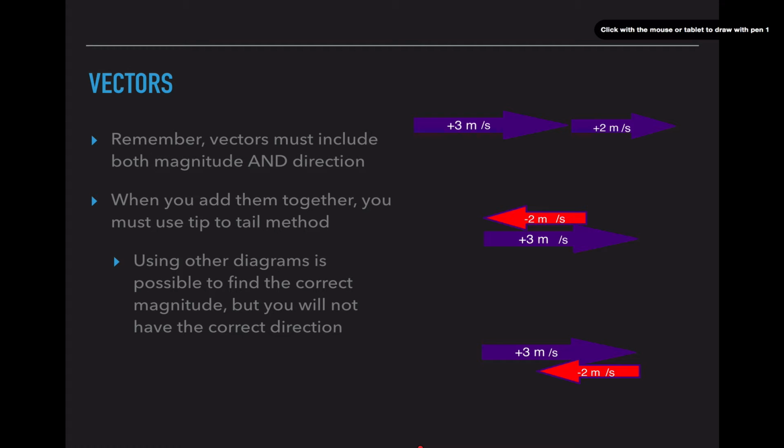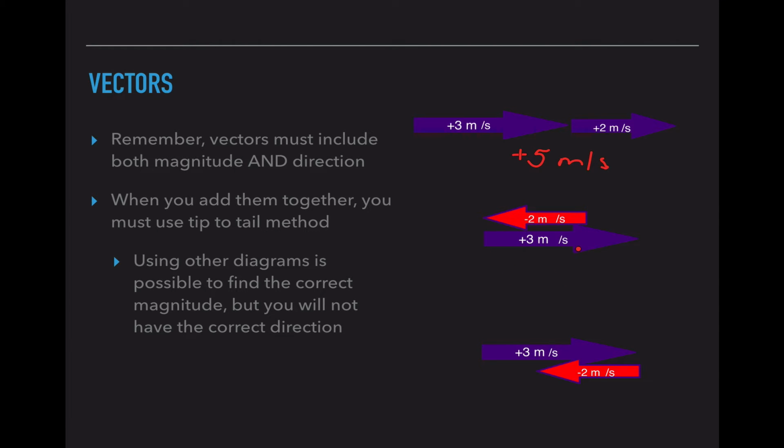So if we look at these three examples, the very top example, we have 3 meters per second to the right and another 2 meters per second to the right. Using tip-to-tail method, this is a total of 5 meters per second to the right or positive. Both of those indicate direction.